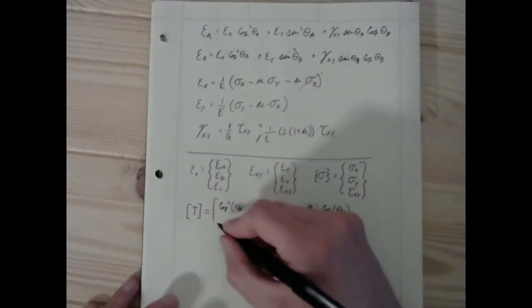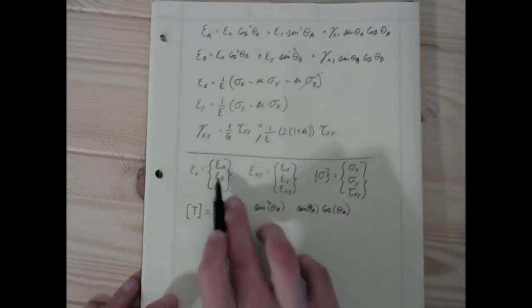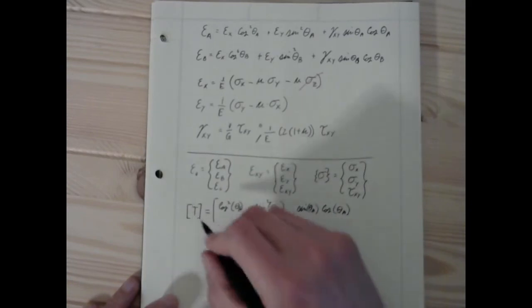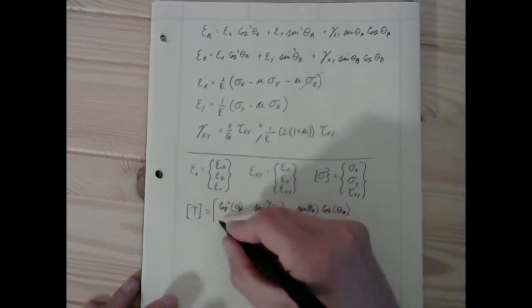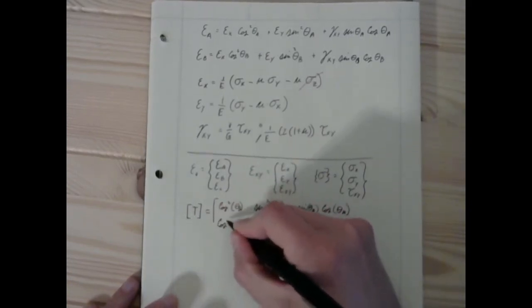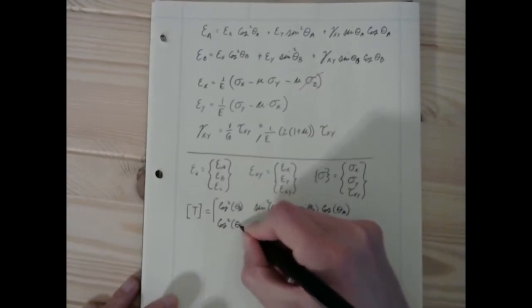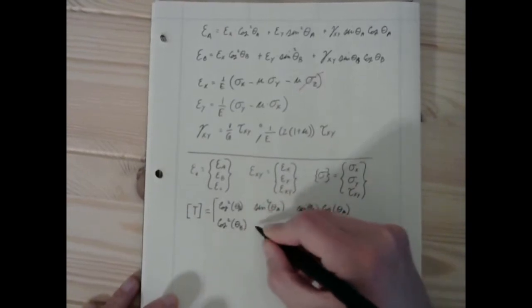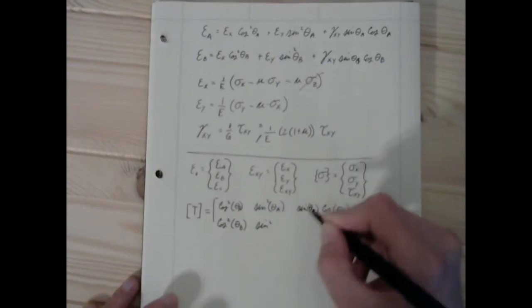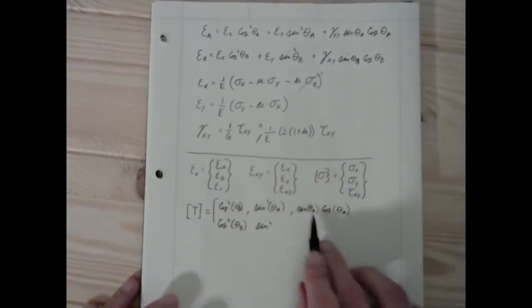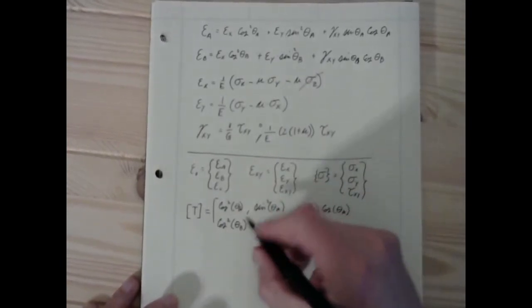We can do the same thing for this second row for B and this theta. So cosine squared theta B, sine squared, and I should put commas here so that you can see that these two are one term.